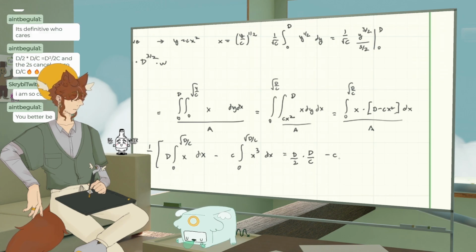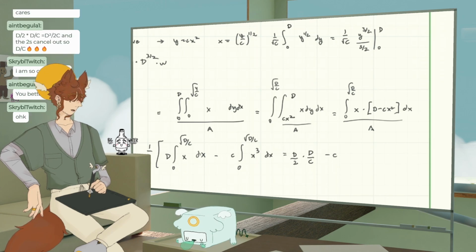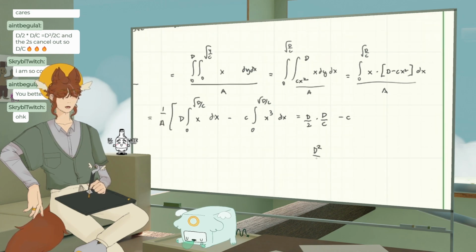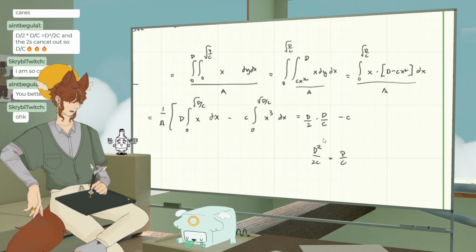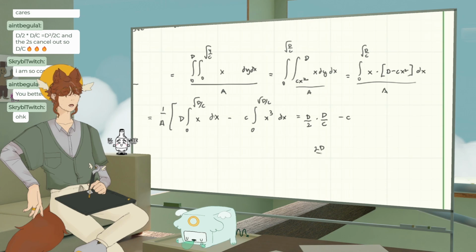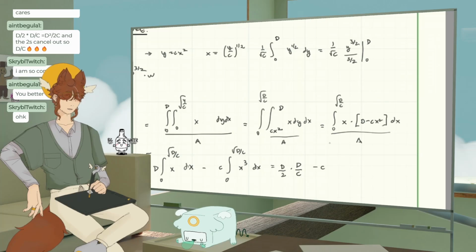d 1/2 times dc equals d squared over 2c. The d's cancel out, so d over c. No, what they're saying is d squared over 2c equals d over c, which is not correct. If it was 2d over 2c, then we could say d over c. Times, what is this, d over c to the 3/2?